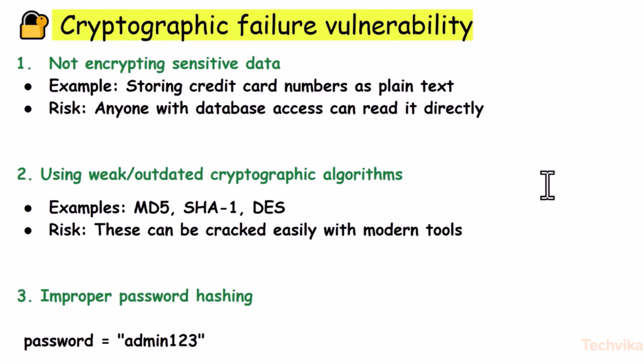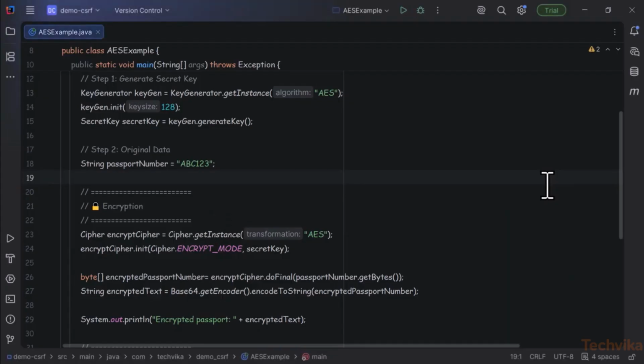We talked about previously, if you are using outdated cryptographic algorithms, MD5, SHA-1, DES, these are vulnerable. So always use the latest cryptographic algorithm. Let's say AES. So this generates the secret key.